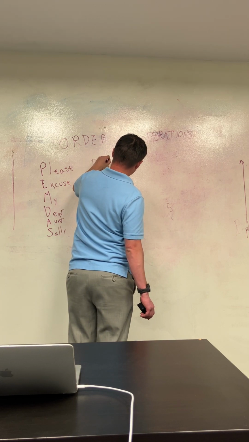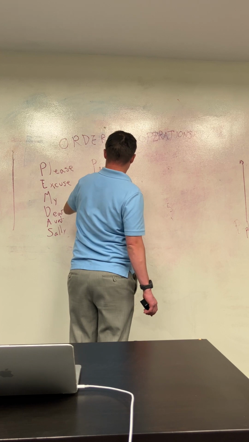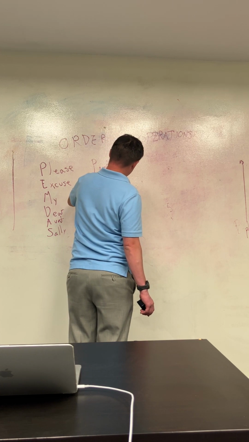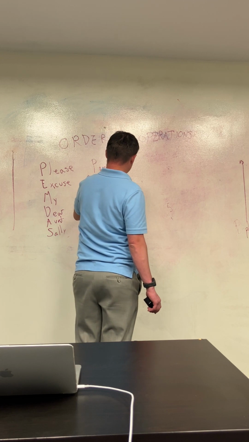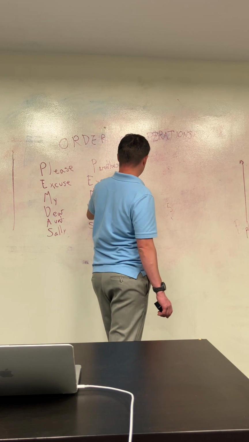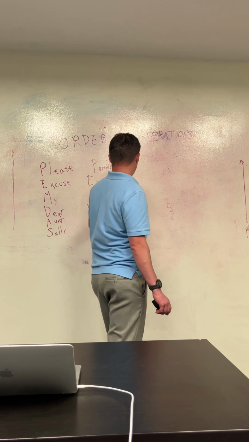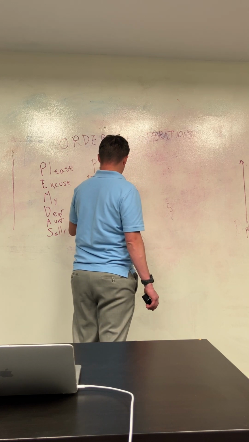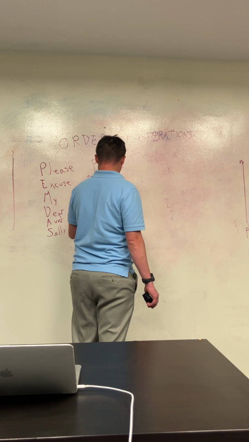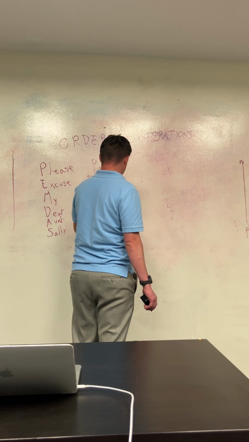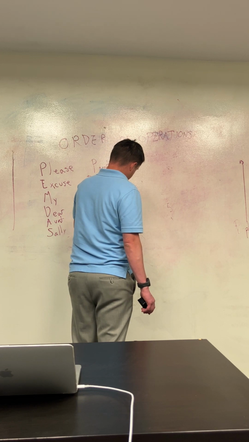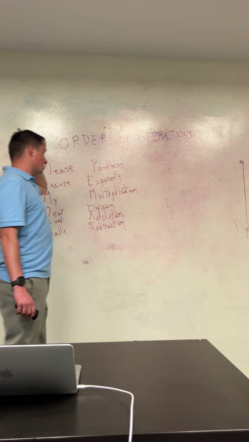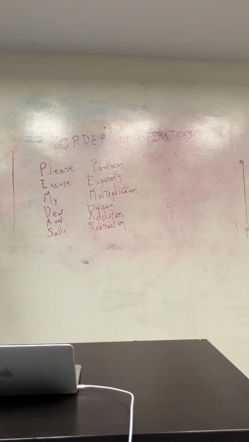Parentheses, exponents, and we're supposed to talk about exponents in this very class, so we might not get to it, multiplication, division, addition, my hand's about to fall off, subtraction. So please excuse my dear Aunt Sally: parentheses, exponents, multiplication, division, addition, subtraction.